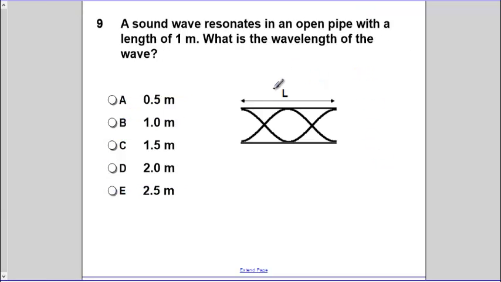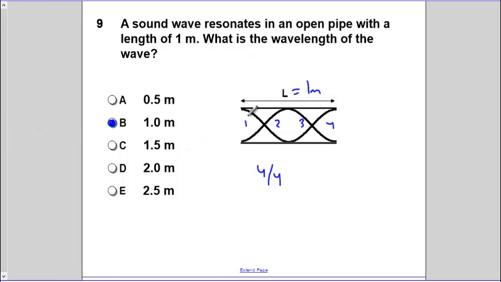So if we look at this one, and they state that the length of the tube is 1 meter, the question is, what is the wavelength? So we have 1, 2, 3, 4 wave quarters. Waves contain 4 parts. If 4/4 of the wave fits in here, the wavelength is 1 meter.